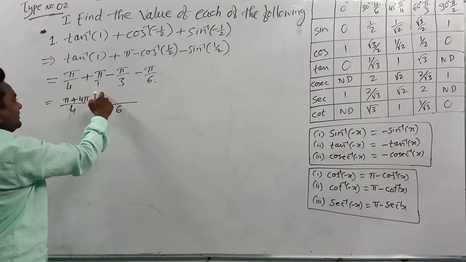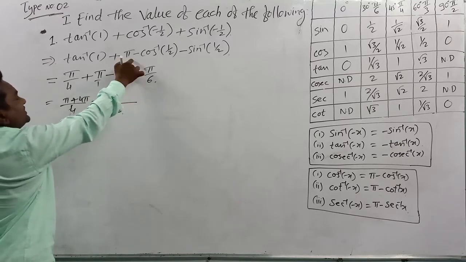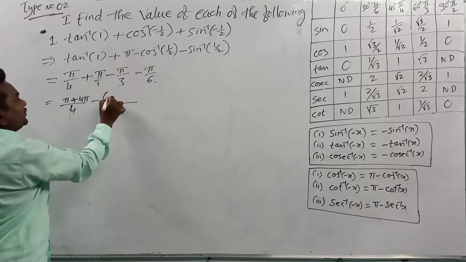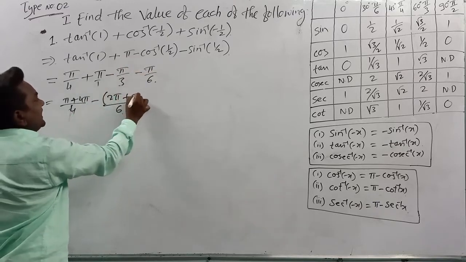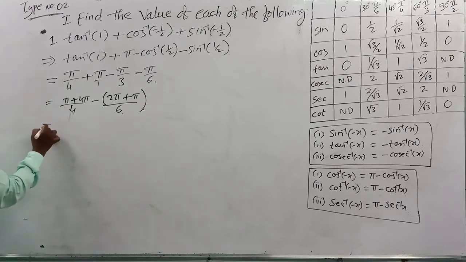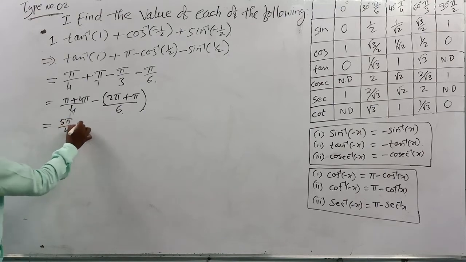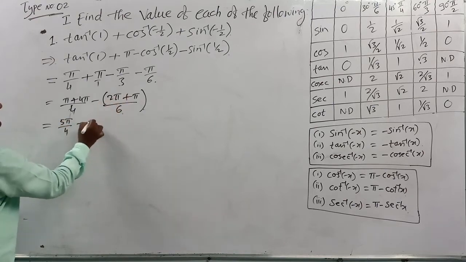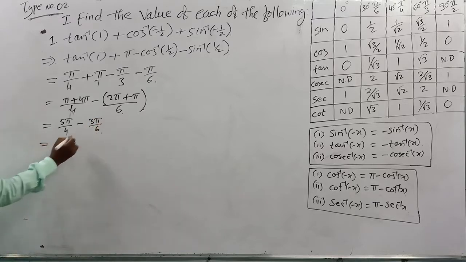Now take the negative sign outside. 3 ones are 3, 3 twos are 6, means 2 into pi, 2 pi, minus into minus plus, 6 gets cancelled, we get pi. Further simplify, 4 pi plus 1 pi we have to add, we get 5 pi by 4, minus 2 pi plus 1 pi, 3 pi by 6. Now 3 ones are 3, 3 twos are 6.